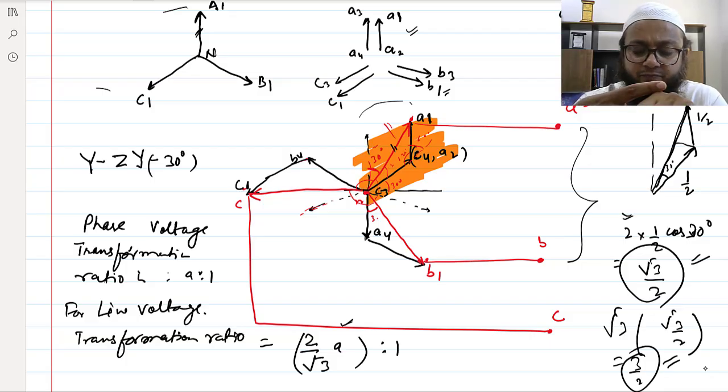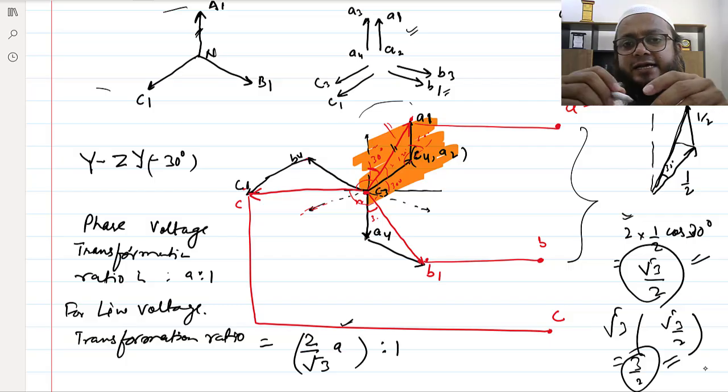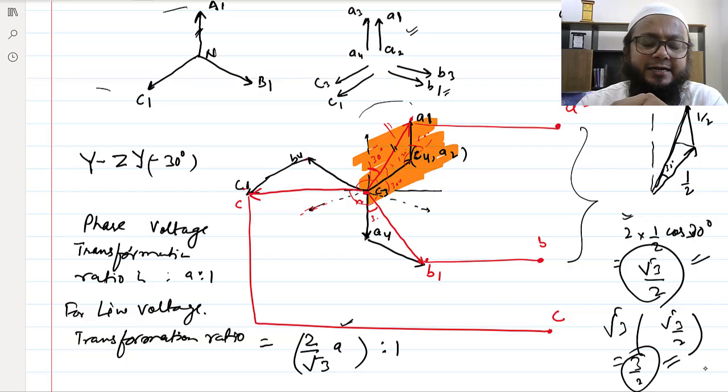One is the unbalancing problem, and the second thing is the neutral is also accessible to the loads, right? So if you want to connect a single phase load, we can easily tap one phase and one neutral of it. So in distribution level, we use delta star combination, where star combination is at low voltage side.